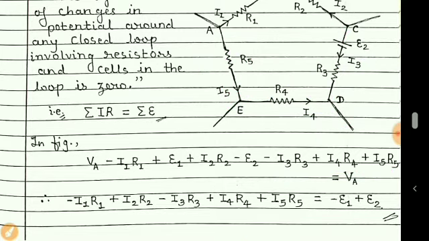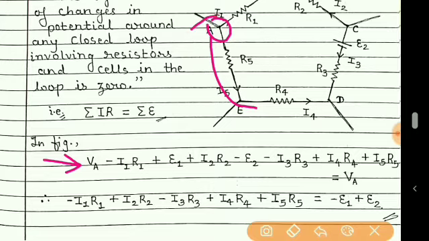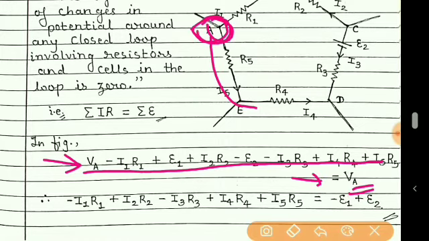Finally, we started with A, so at the starting point we have written VA is equal to, and finally we reached point A, the same point. So after completing this process, if we are reaching the same point, we write equal to VA, because potential at this point is not going to change. That means potential of point A remains the same.